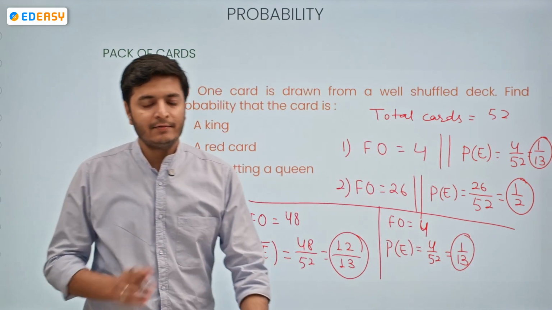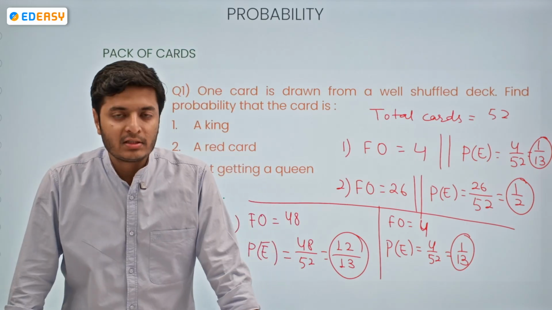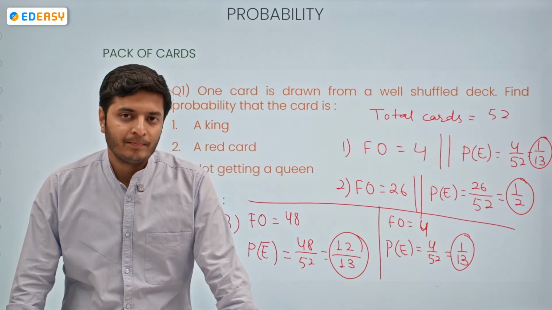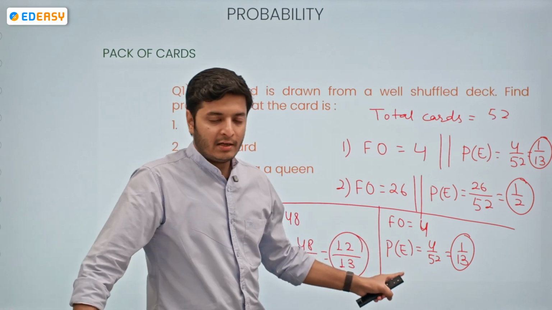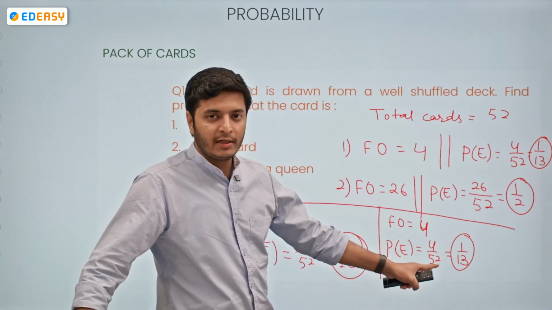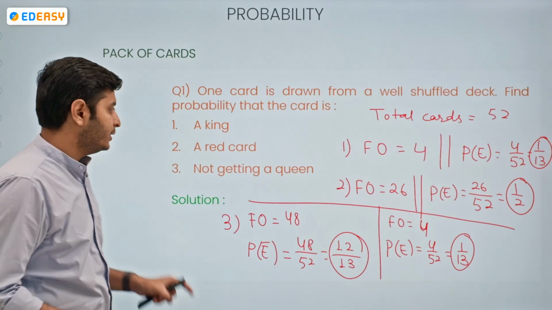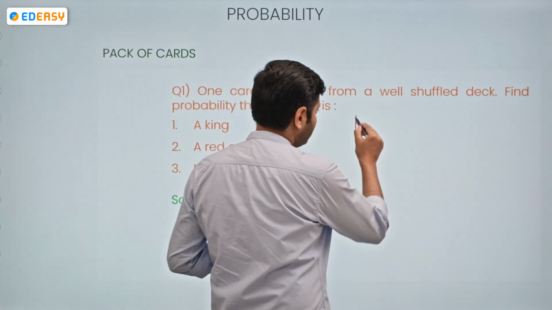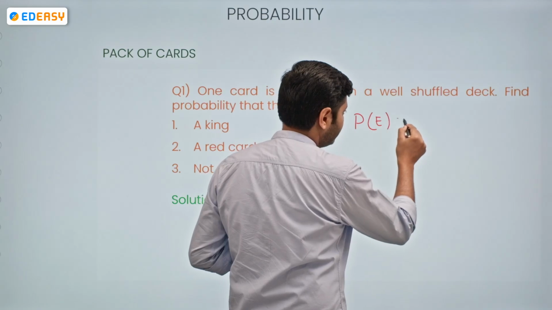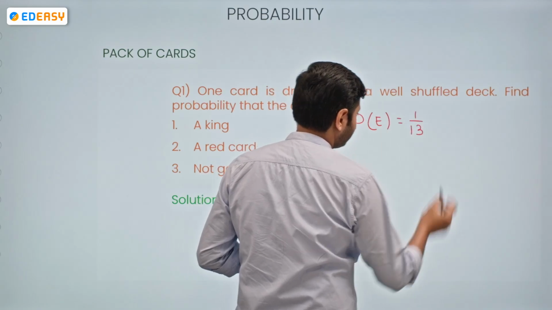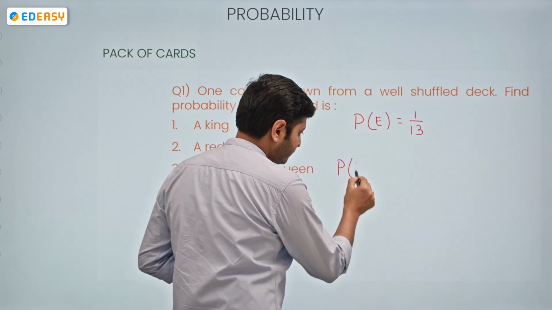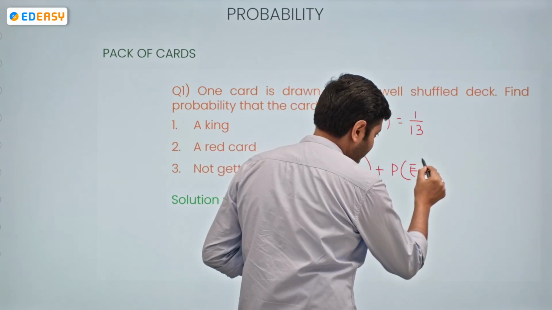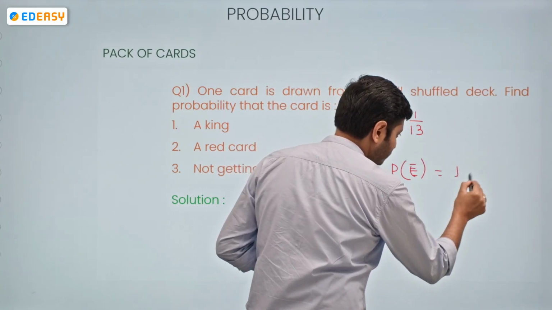Now, as we know, P of E plus P of E bar will always result in 1. So we can apply this formula. P of E we have, P of E bar we need to calculate, and 1 is 1 only. So let me remove everything from here. P of E we already calculated, 1 by 13. The formula is P of E plus P of E bar is equal to 1.